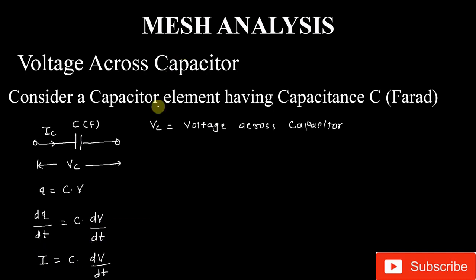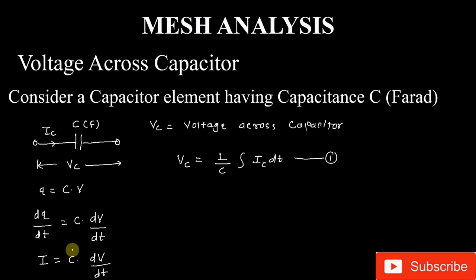From this equation we can easily write V is equal to 1 upon C integral I dt, because we have to integrate. So we can write this as VC, the voltage across the capacitor, with current IC, and this first equation gives you the values of VC. So we have derived the voltage across the capacitor equation from the current equation.